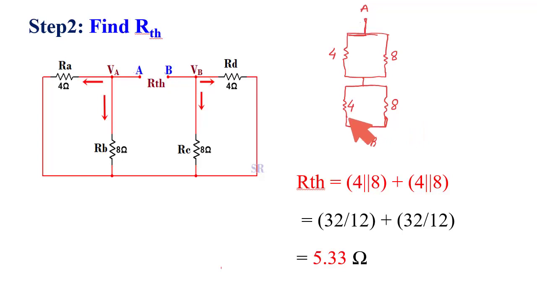Again those two are connected at a particular point, which point is B. So from this figure it is easily understood 4 and 8 are in parallel. So equivalent of upper parallel 4 and 8 ohm and equivalent of lower parallel 4 and 8 ohm, these two are in series. So ultimately we got RTH is 5.33 ohm.